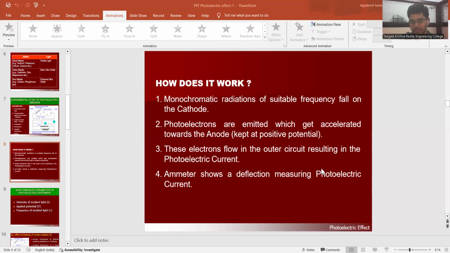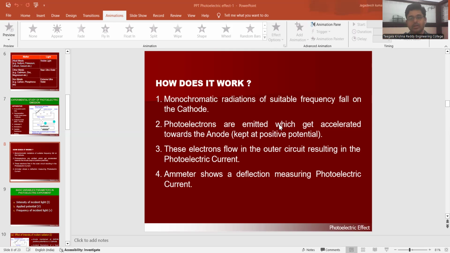Monochromatic radiation of suitable frequency falls on the cathode. The light must have a suitable frequency; the radiation must be monochromatic.